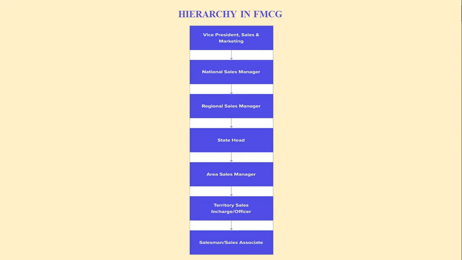Regional sales manager reports to national sales manager, also referred to as NSM, and NSM is the pan India business leader who reports in to vice president sales and marketing.